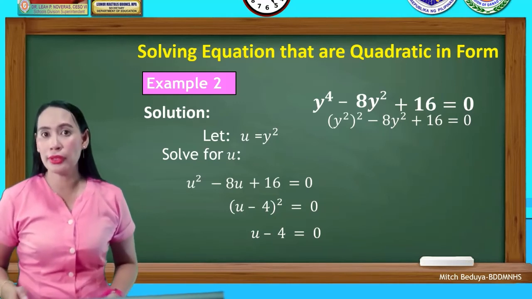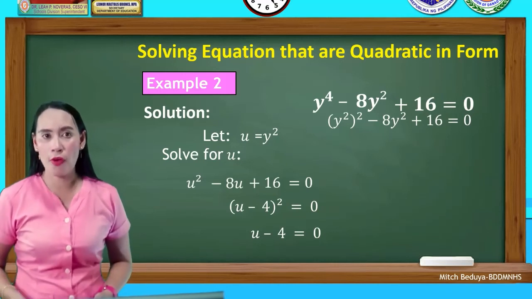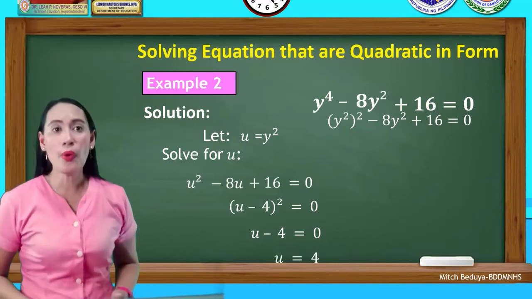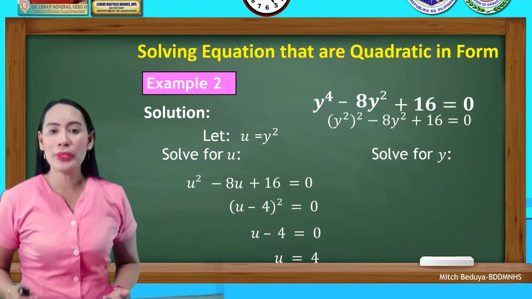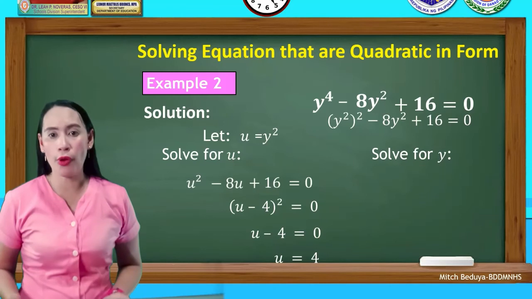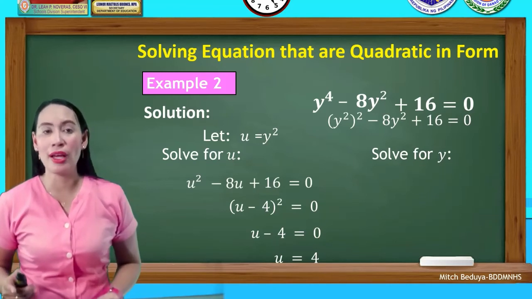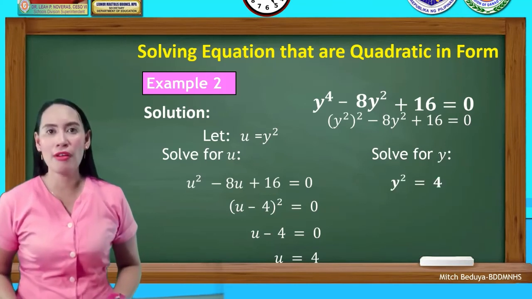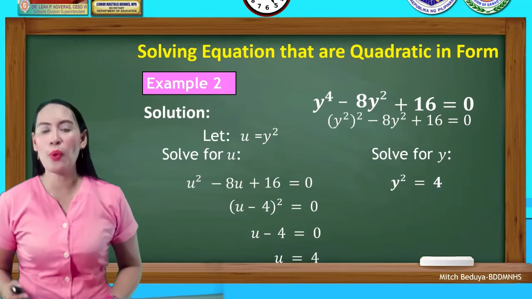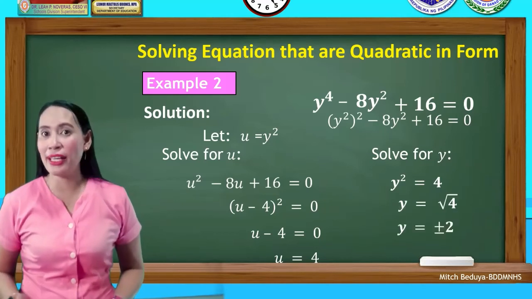Then solve the resulting equation. u equals 4. Now we can solve for y. To solve for y, we substitute 4 for u. So the equation is y squared equals 4. Then by extracting the square root, y equals positive or negative 2.